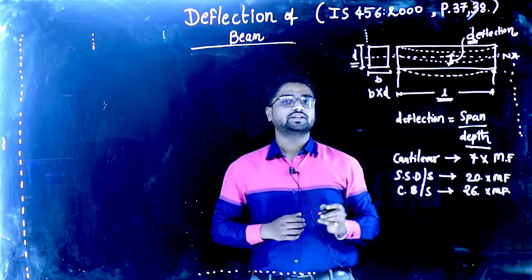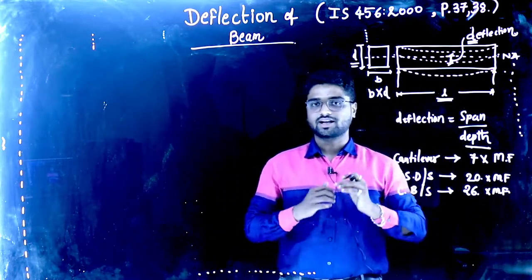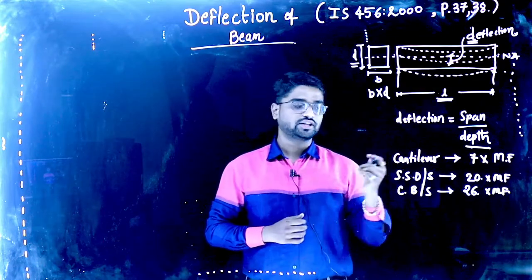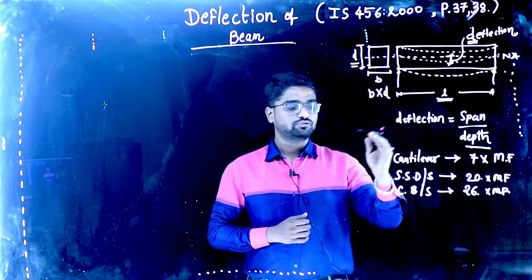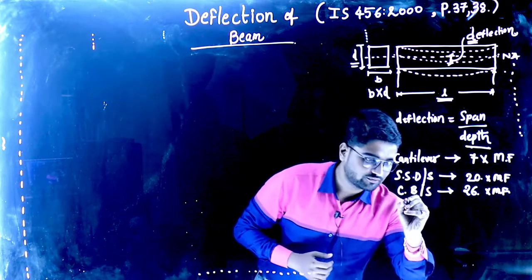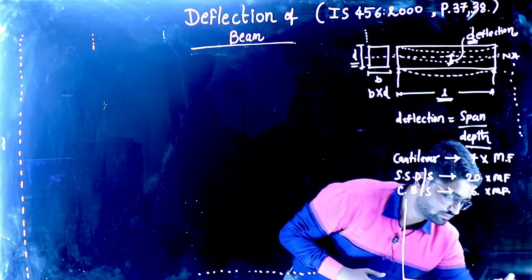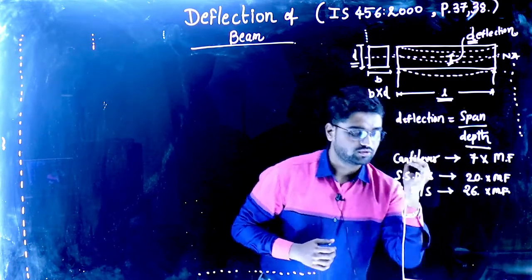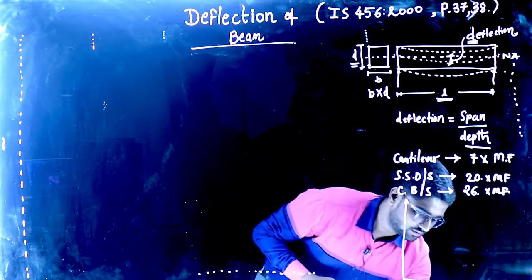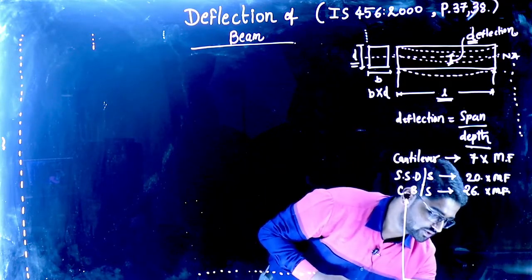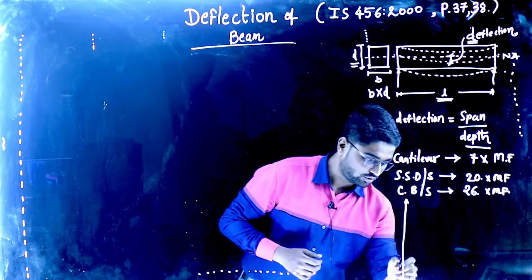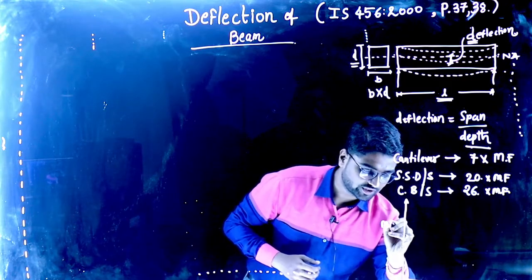On page number 38, a modification factor graph is given. From that graph, we can calculate the modification factor. Before this calculation, we should have some values. On this graph, on x-axis, percentage of steel is mentioned, and on y-axis, we have modification factor.